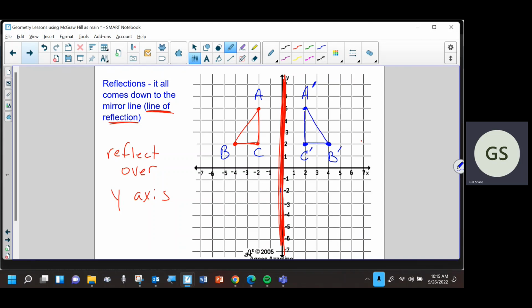We said don't try to draw the whole image at one time. You do point by point. So if you'll notice, if I took an image that was facing this way and flipped it to the right, point B would flip out to the right. This line here would become the inside line, and that's what a reflection would look like if it was over the y-axis.